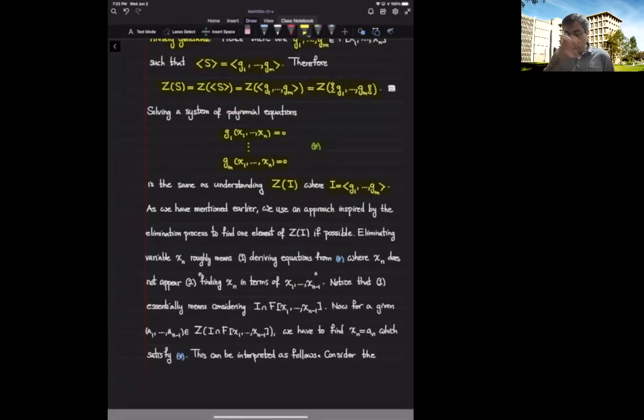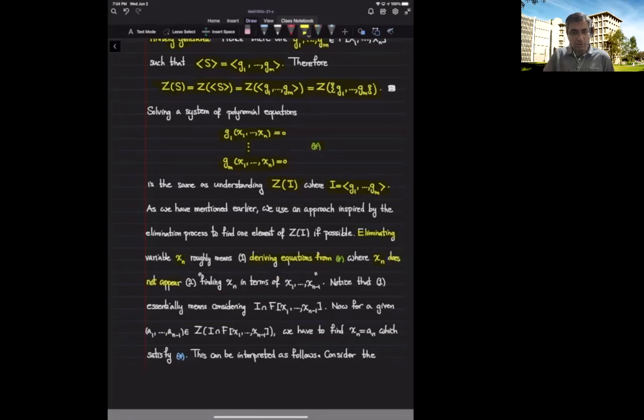And our general approach is inspired by the elimination process. But what does that mean? When I say elimination process, that means we want to roughly eliminate variable x_n. And that means what? We want to derive equations from the equations that we are given, so that these new equations that we get do not have x_n in them.